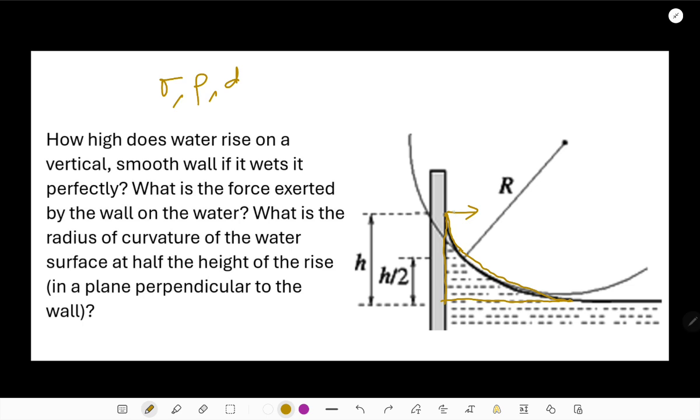Outside there will be the atmospheric pressure, and this horizontal component of atmospheric force will be acting like this. The outside pressure is atmospheric pressure, which I would like to call P0, and it acts in this direction.